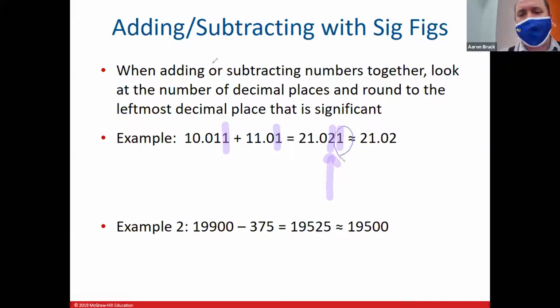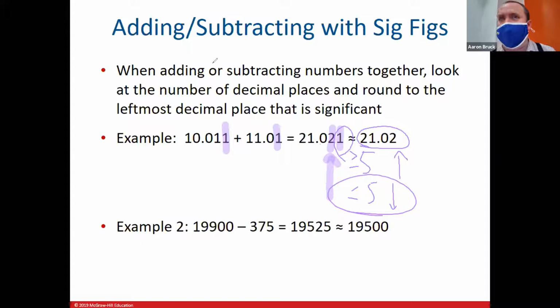Again, we use the rule of 5 here in Chem 100. If it is greater than or equal to 5, we round up. If it is less than 5, we round down. 1 is less than 5, so we're going to round that one down, which means that the number that we report is 21.02.